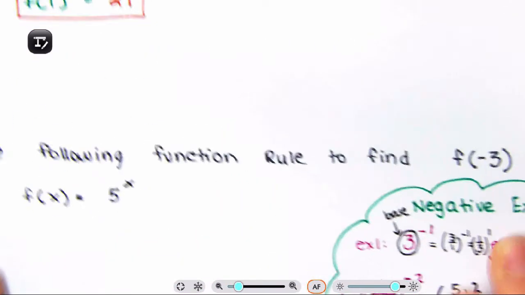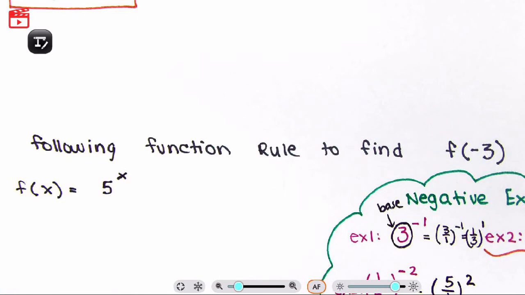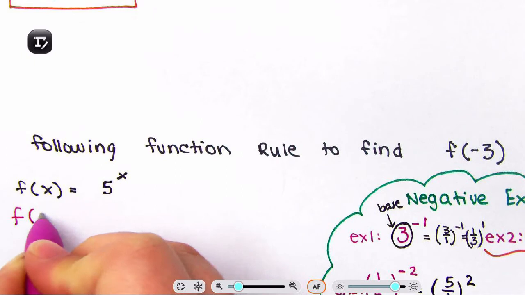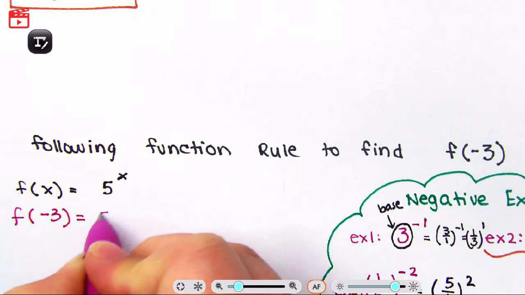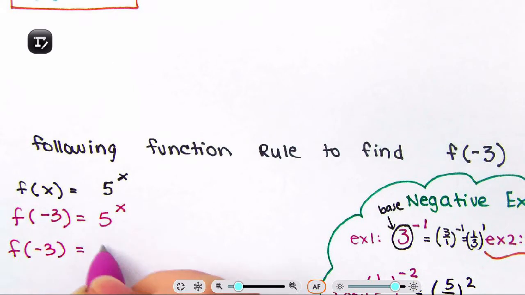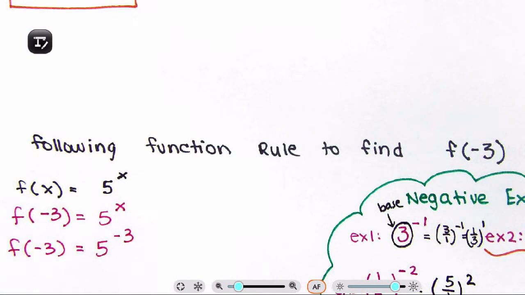So let's go ahead and find f of -3. For f of -3, step number 1, same thing, rewrite it. Step number 2 is exchange the x value to the negative.